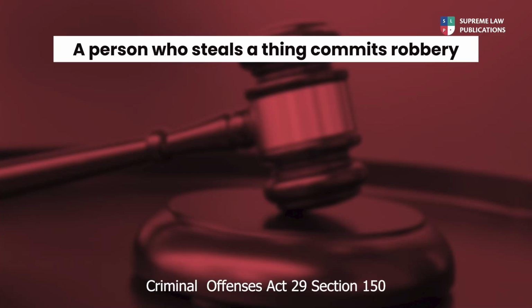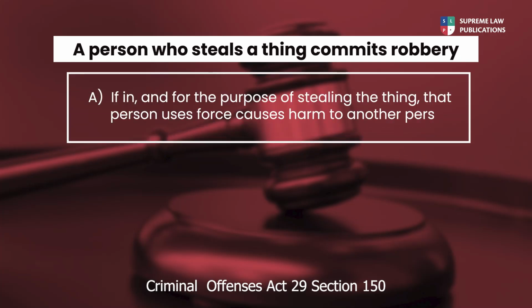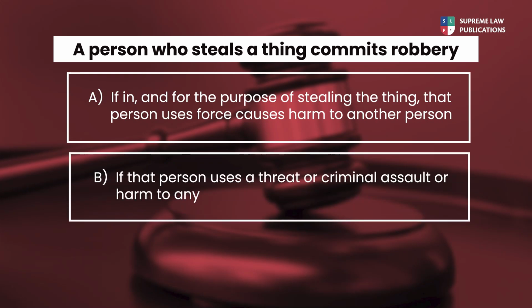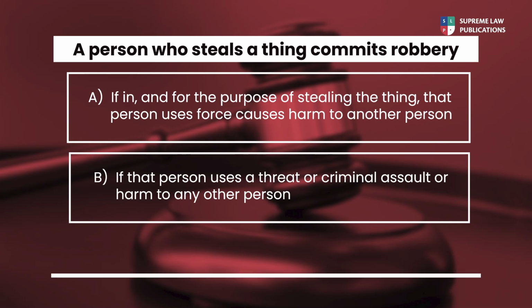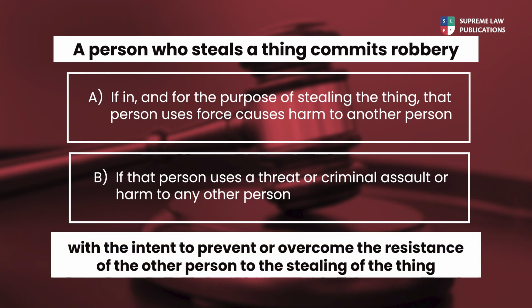A person who steals a thing commits robbery if, in and for the purpose of stealing the thing, that person uses force or causes harm to any other person, or if that person uses a threat or a criminal assault or harm to any other person with the intent to prevent or overcome the resistance of the other person to the stealing of the thing.